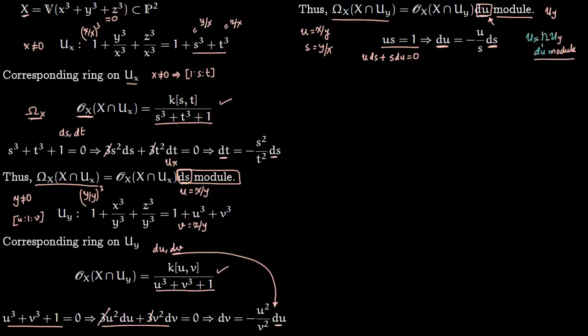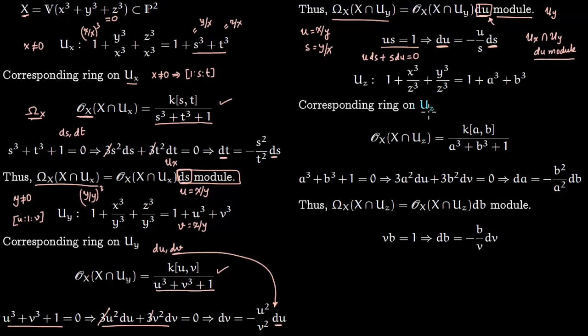So let us see, can we reduce the differential forms on U_z also to du? Again, for U_z, you have the corresponding ring k[a,b] with a cubed plus b cubed plus 1. This set is z not equal to 0. You divide throughout by z. So this 1 is z by z cubed, x cubed by z cubed, y cubed by z cubed.